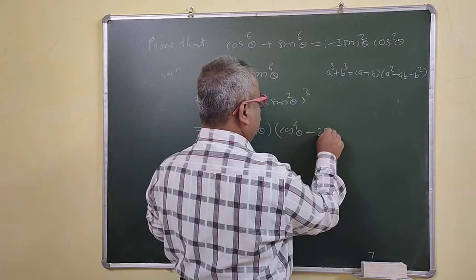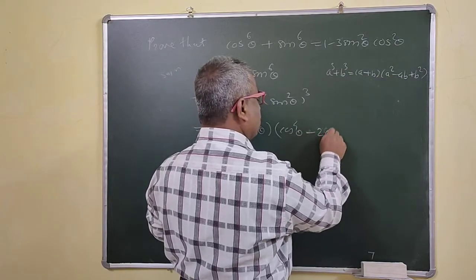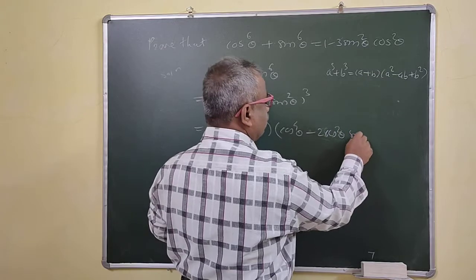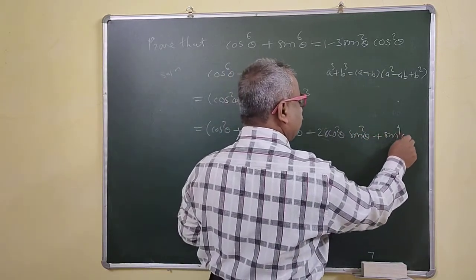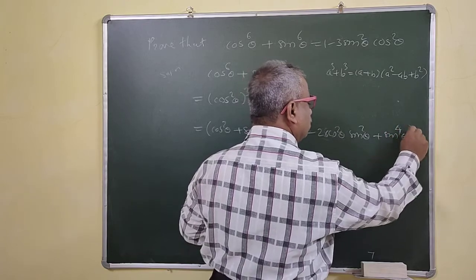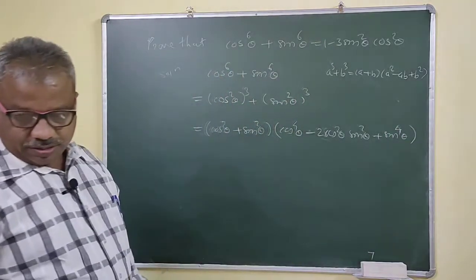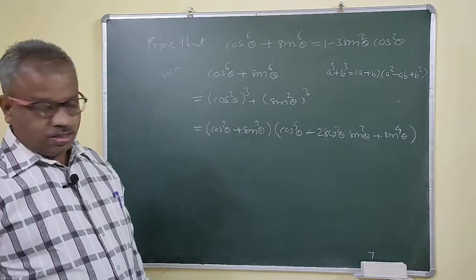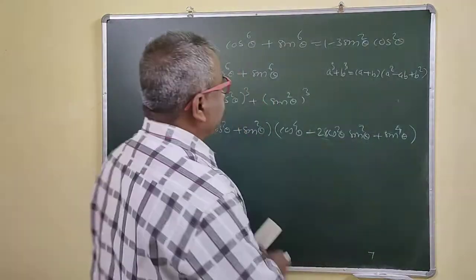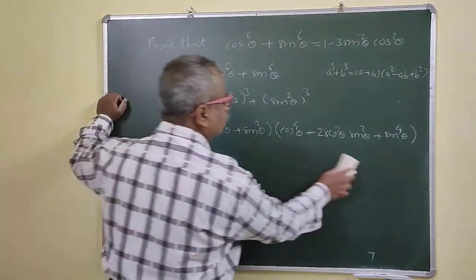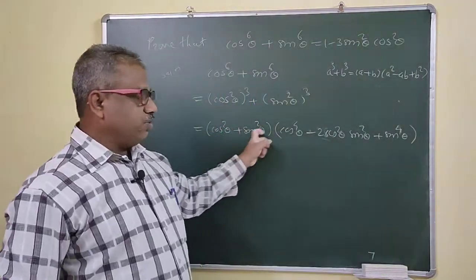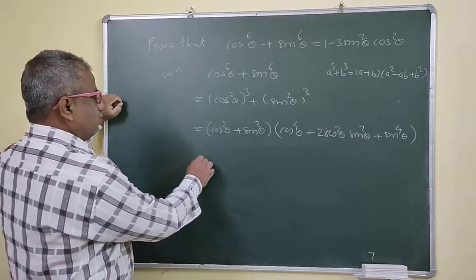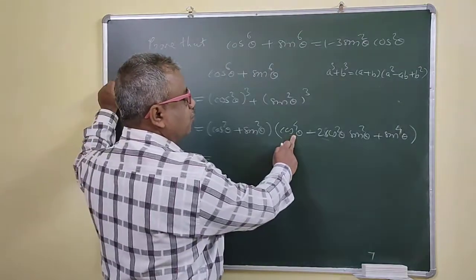So this is cos to the power 4 theta, minus cos square theta sin square theta, plus sin to the power 4 theta, right? So now see, this value is 1.